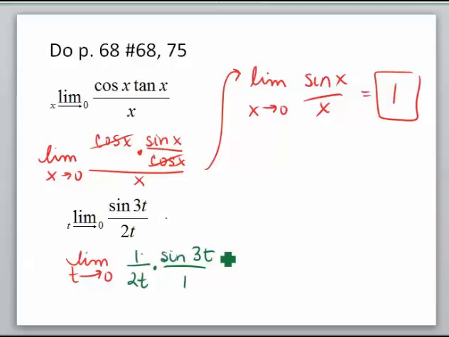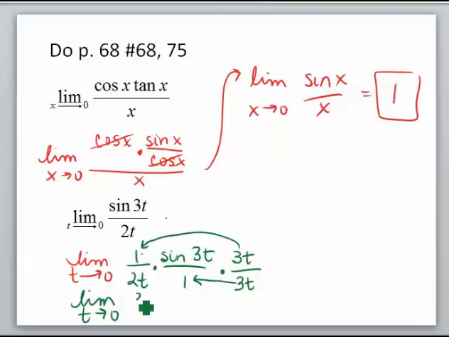Then I'm going to say, well, if I multiply this by 3t, because I really want a 3t down here, that means I have to multiply the top by 3t, and I can do that. Then I'm going to do some rearranging here. So I'm going to put this 3t right here, and I'm going to move this 3t out front. So I'm going to have a 3t over 2t times the sine of 3t over 3t.